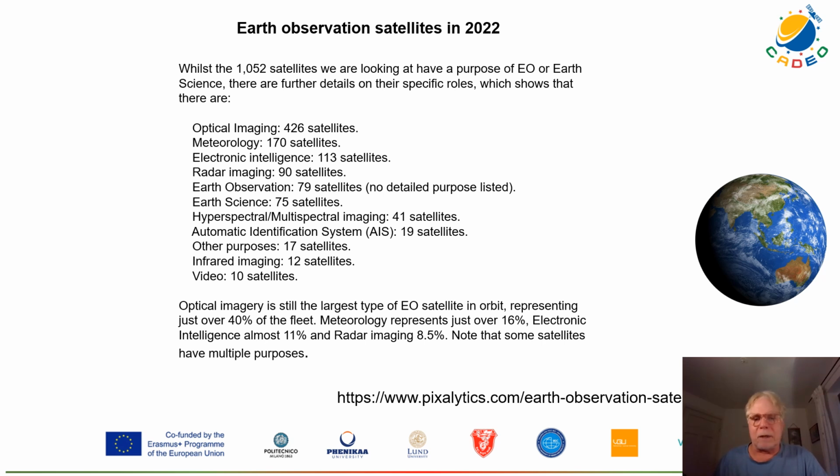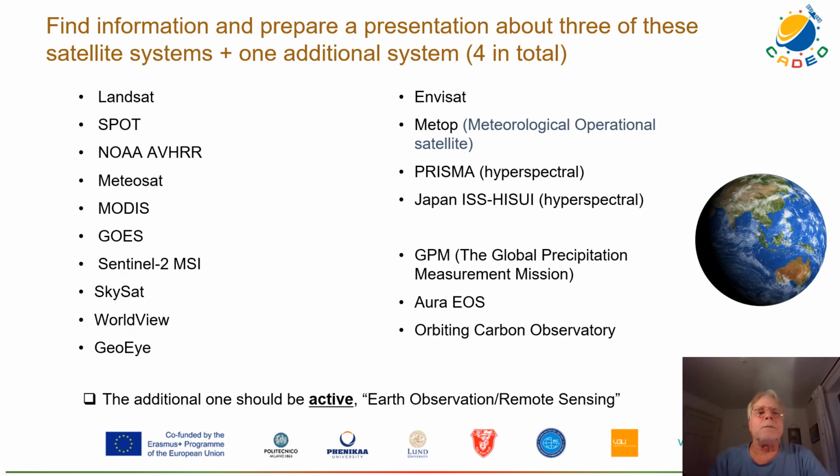You can have a look at this site on the internet and read more about this. So your mission is now to explore and find information about different sensors and platforms. The platform is, of course, where the satellite is, and then on board the platform we have sensors that measure different things.